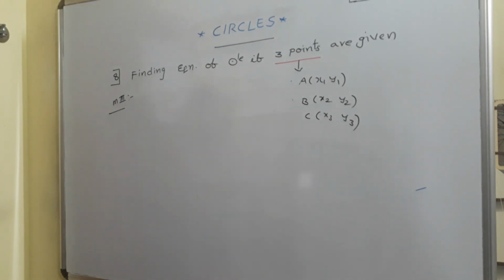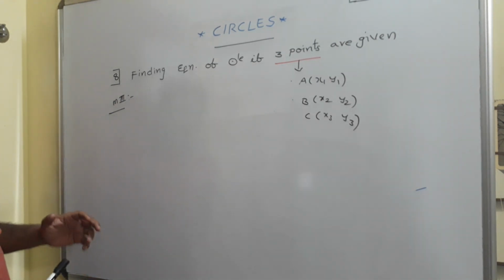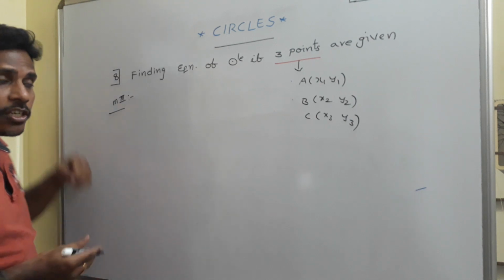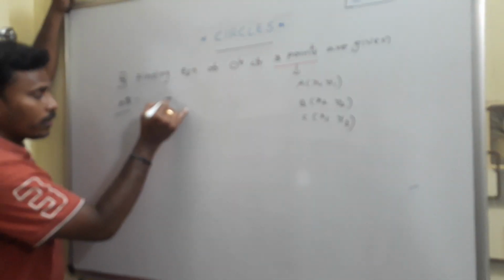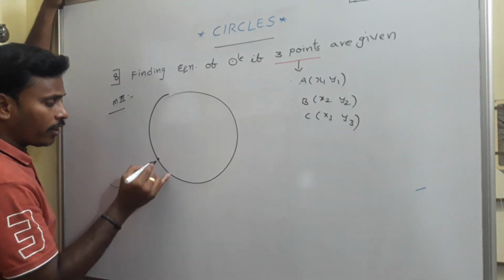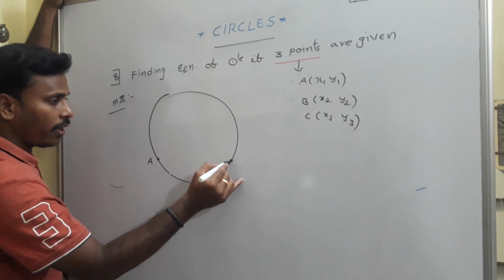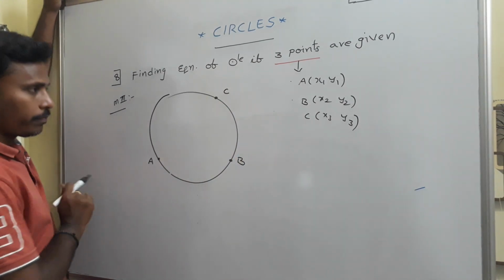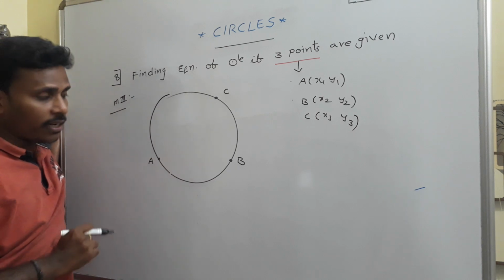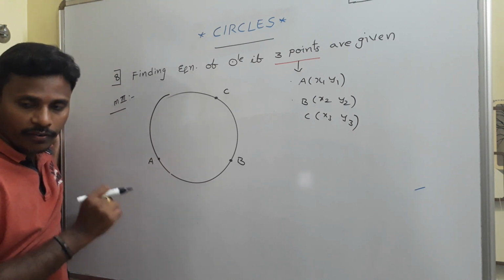Now coming to method 3. Okay, another process to find the circle equation using three given points. So we have a circle, right? Given 3 points, one point is A, another point is B, and somewhere the third point is C. To find the circle equation, we need center and radius.